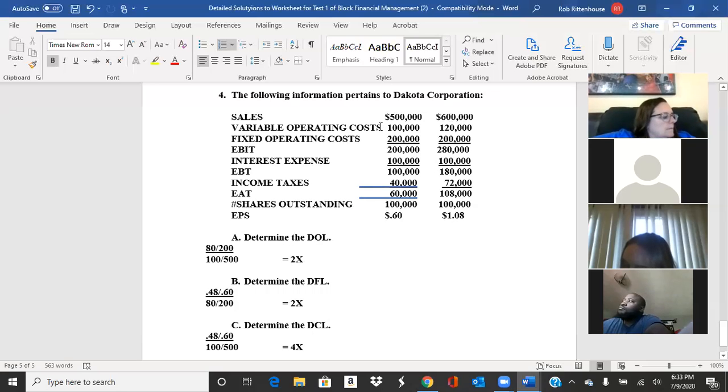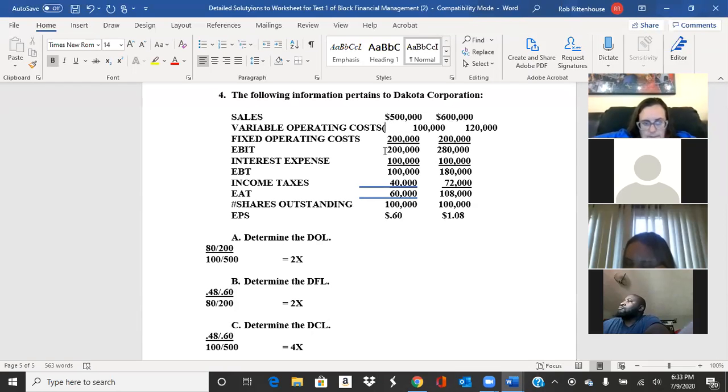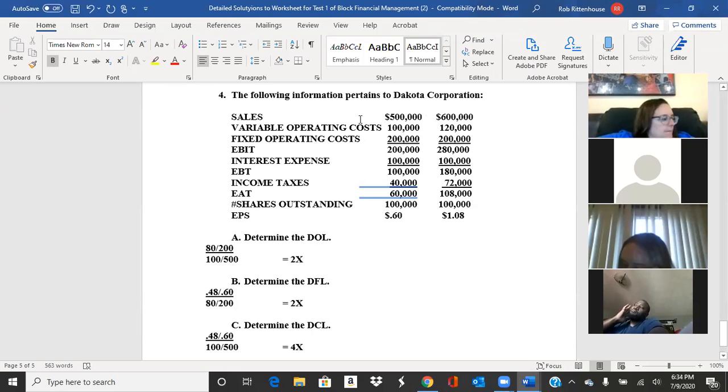Now, the variable operating costs, well, since that was 100,000 when sales were 500,000, that means your variable operating costs equal 1/5 or 20% of your sales.